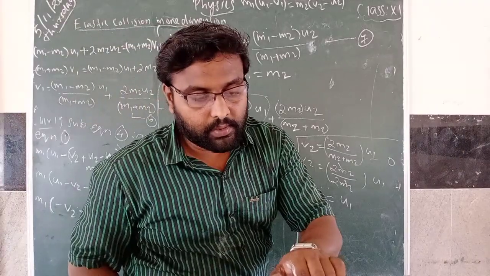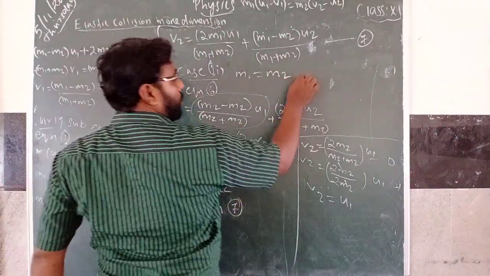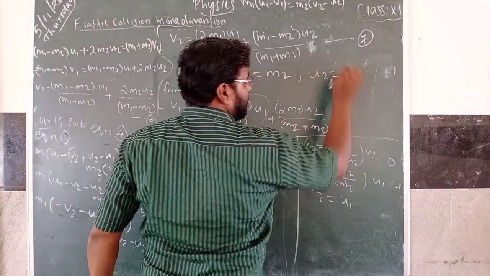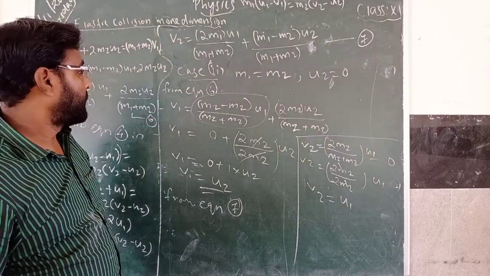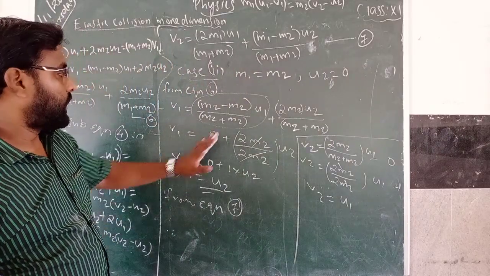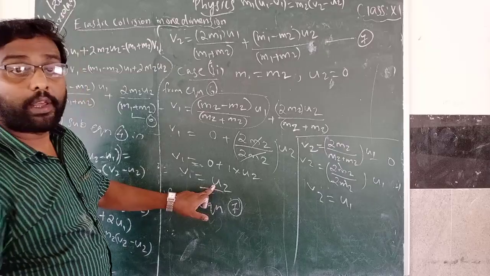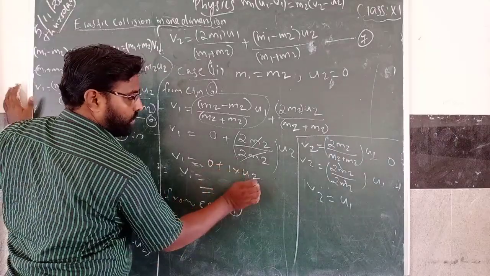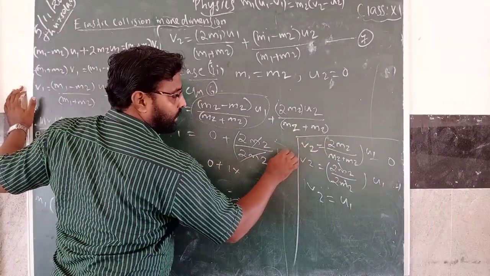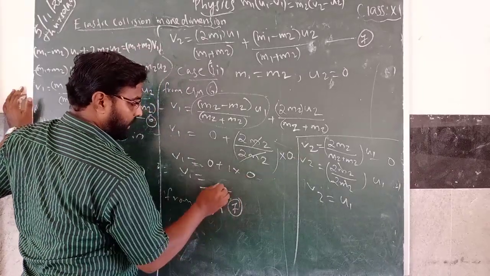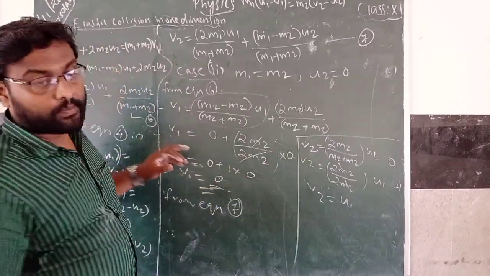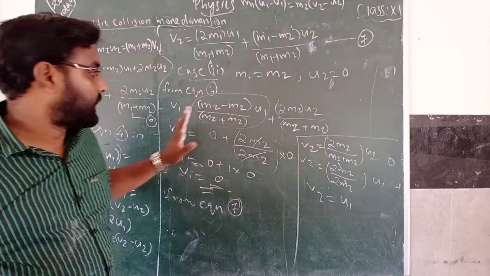Also you have to use the second body, U2 is 0 at rest. U2 is 0 means, you see here only U2 is there. So U2 here is 0, so what will come? That whole term becomes 0. So that is the case.